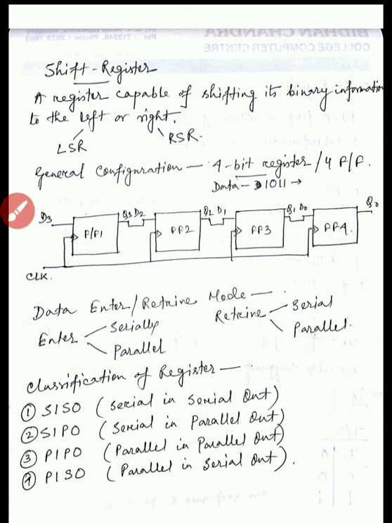According to this configuration, shift registers are classified in 4 ways. Serial in, serial out: in this type of SISO register, data is input serially and retrieved serially.